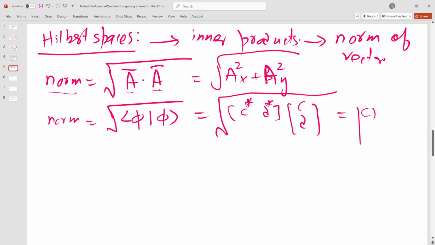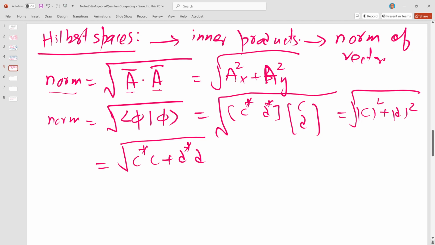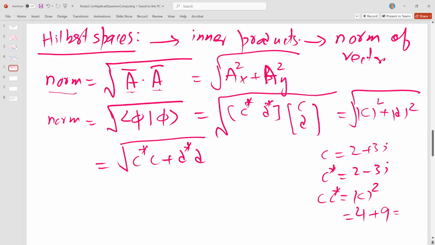So this is C mod square plus D mod square, where C mod square is nothing but C star C, and D mod square is nothing but D star D. And just to remind everybody, if C is 2 plus 3 iota, C conjugate is 2 minus 3 iota, and C conjugate times C, which is C mod square, is 2 into 2, 4, plus 9, 13. So C mod square is 13.